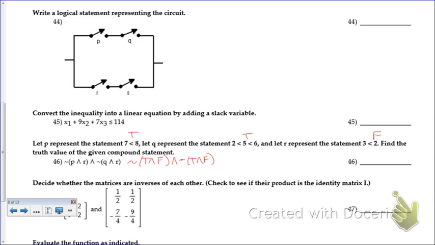So that's equivalent to, and we just work this like it's an order of operations problem, we're going to say what value true and false has. So in parentheses that would actually be false, because for an and to be true they both have to be true. And not false. Well, not false is true. So now we've got true and true. Two trues make a true. So the final value is true.